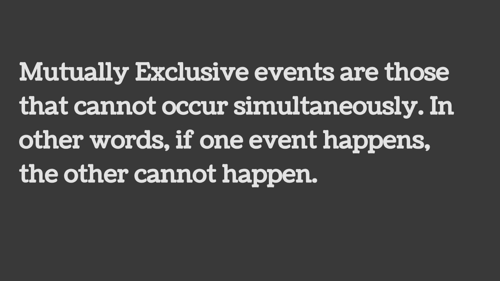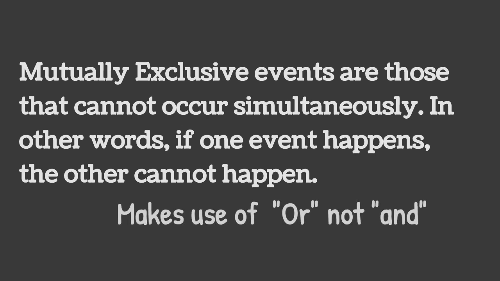Therefore, a mutually inclusive event is bound to occur inclusively. That is, the occurrence of one event doesn't necessarily stop the other from occurring. Mutually exclusive events make use of or and not and, as in A or B, not A and B.